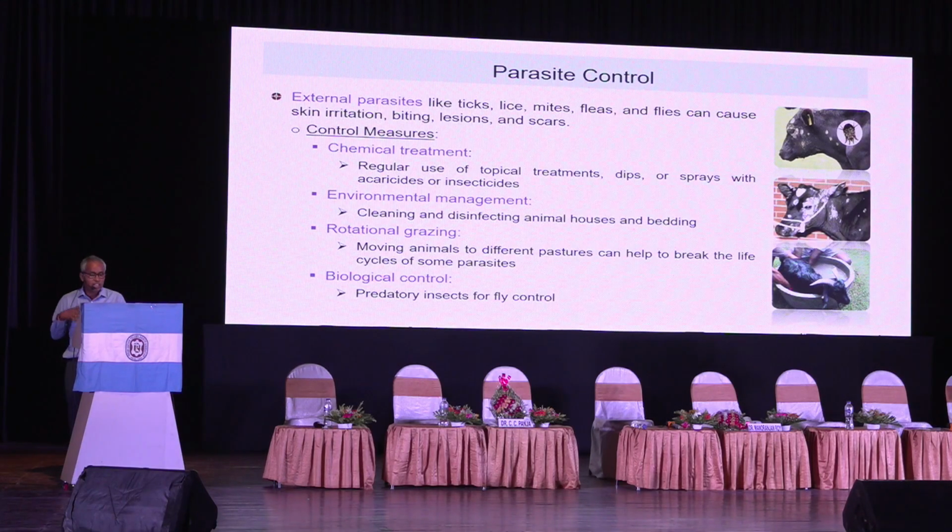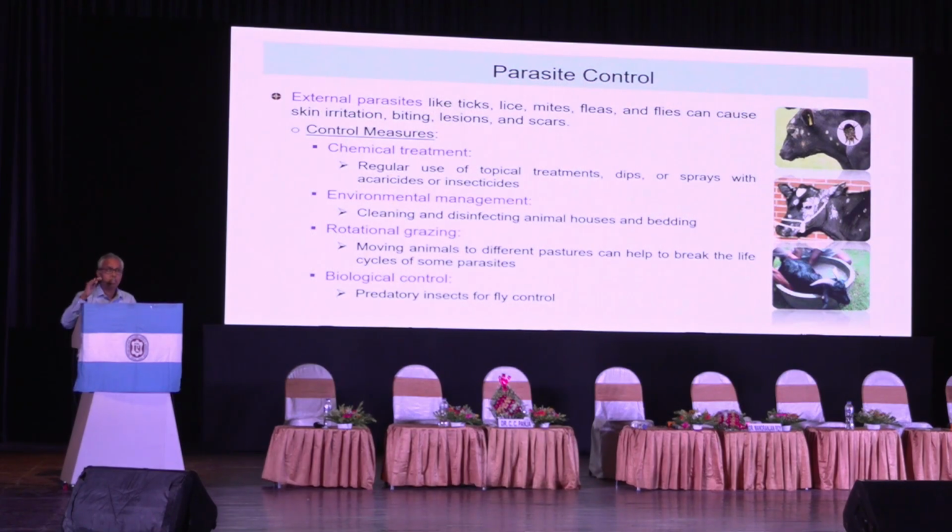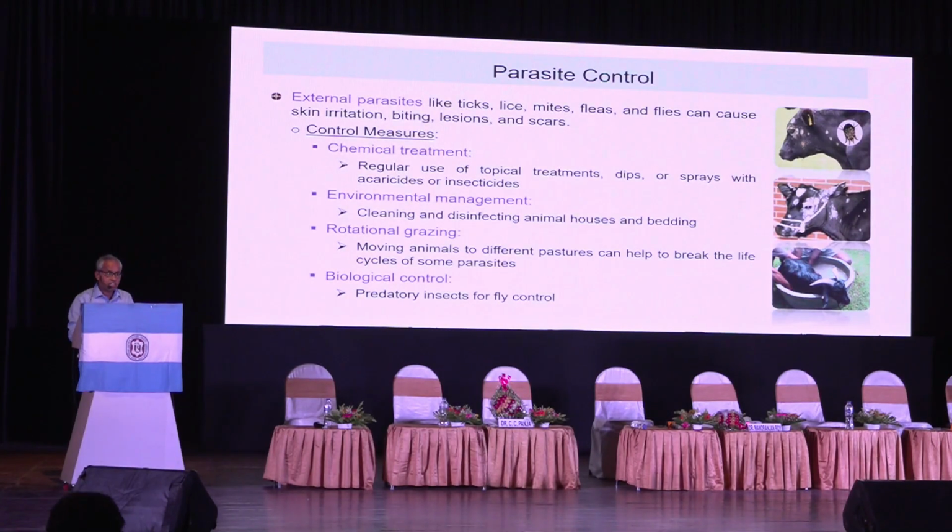And environmental management, always cleaning and disinfecting the animal house. It is very, very vital, particularly during rainy season and winter season, to restrict or prevent these skin infections. As well as rotational grazing.